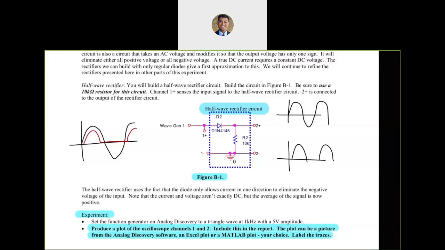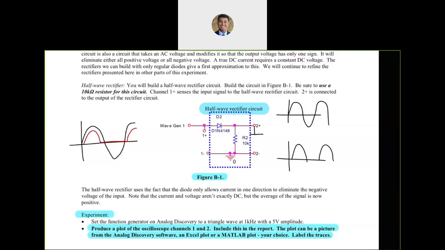And somehow, if I was able to smooth this out, I can get a rectified output. And I smooth it out by connecting a capacitor in parallel to the R2.